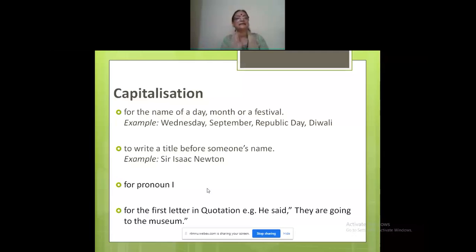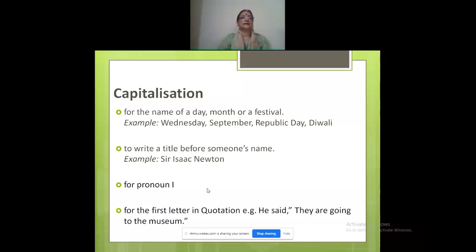Now, if you're going to break the quotation and divide it into two halves, then suppose you say "They are" and quotation closed, he said, "going to the museum." Still, "they" remains the first word of the quotation, so T will be in capital. We are going to be doing an exercise on this.